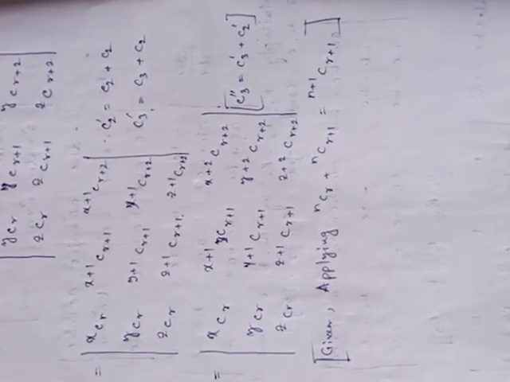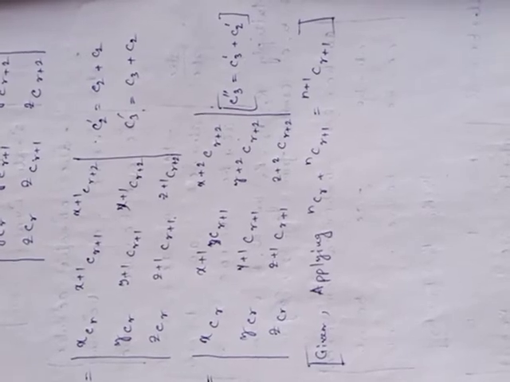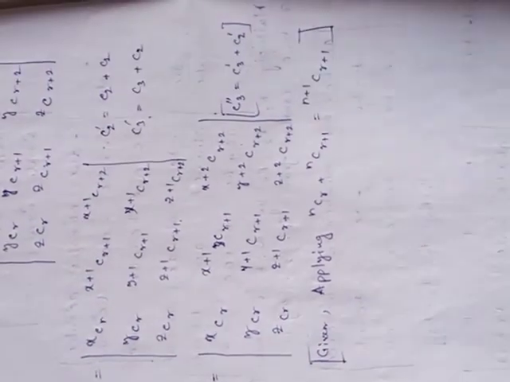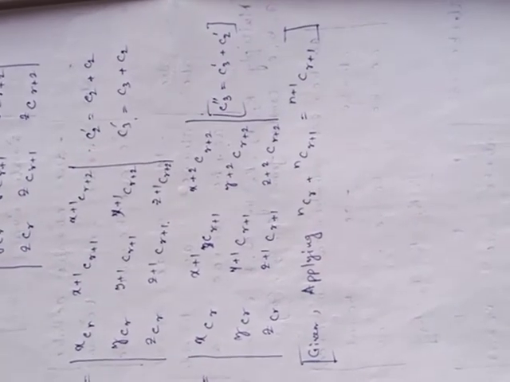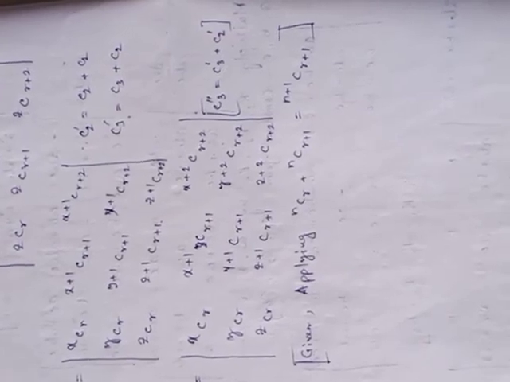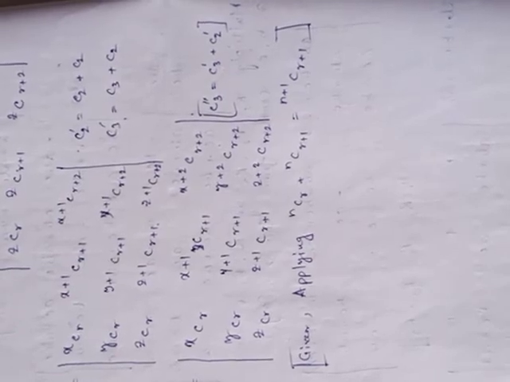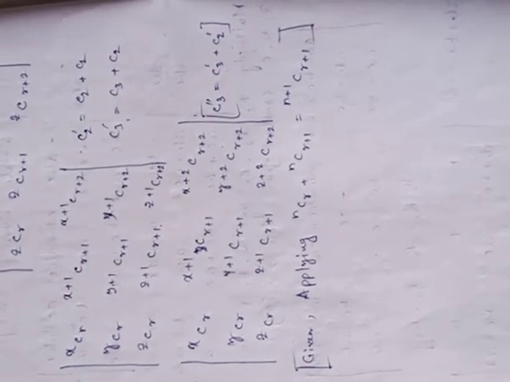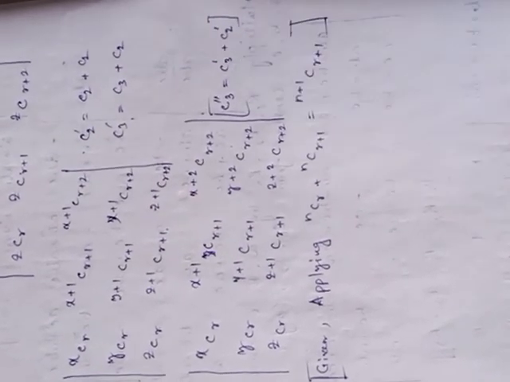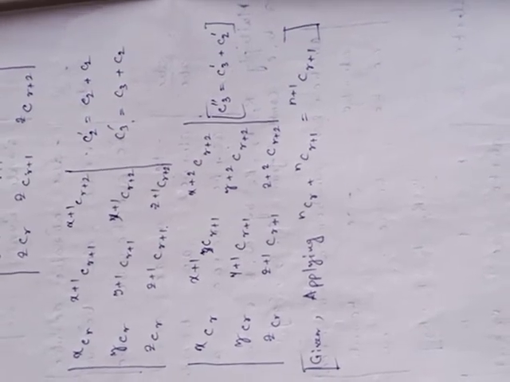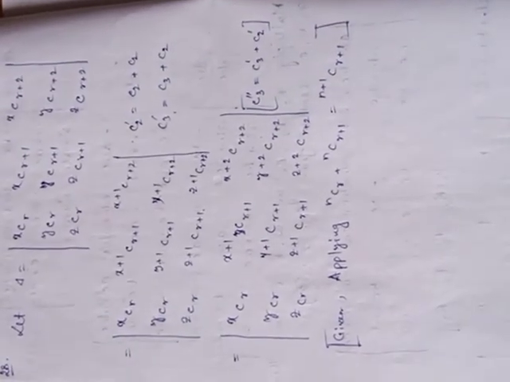Now we can get the result: xCr, yCr, zCr, x+1Cr+1, y+1Cr+1, z+1Cr+1, x+2Cr+2, y+2Cr+2, z+2Cr+2. So we are applying nCr plus nCr+1 equals n+1Cr+1. So this is the determinant we are looking for.